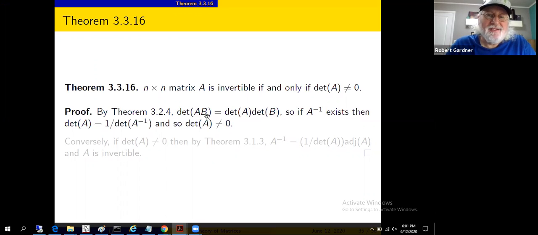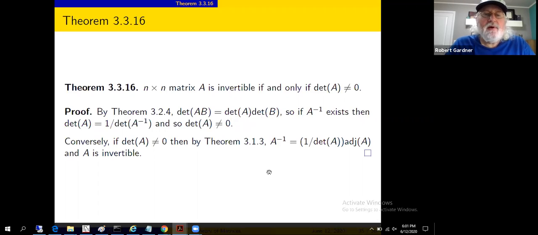Determinant of the identity is 1. So we'd have determinant of A is 1 divided by determinant of A inverse. Well, that's not 0. So the determinant of A is not 0. If A inverse exists, then the determinant of A is non-zero. Fairly easy from this little formula.